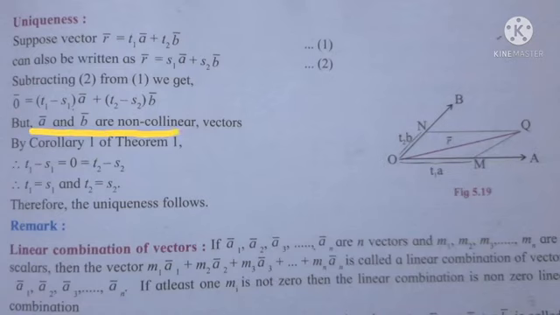If A bar and B bar are non-collinear and we can express some scalar into A bar plus some scalar into B bar is equal to 0 bar, then by that corollary we can write T1 minus S1 is equal to 0 and T2 minus S2 is equal to 0. So it implies that T1 is equal to S1 and T2 is equal to S2. That is, there doesn't exist any other scalars. That proves the uniqueness.